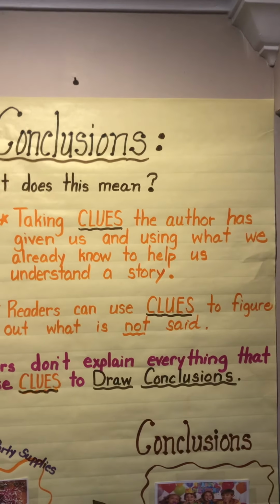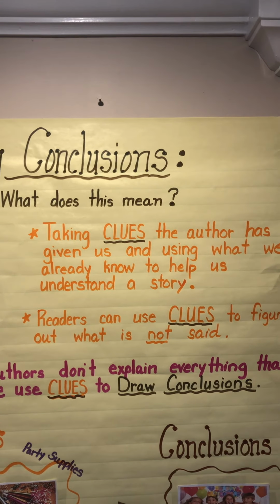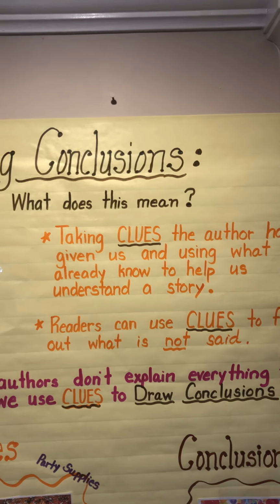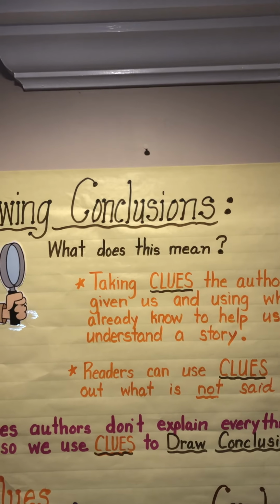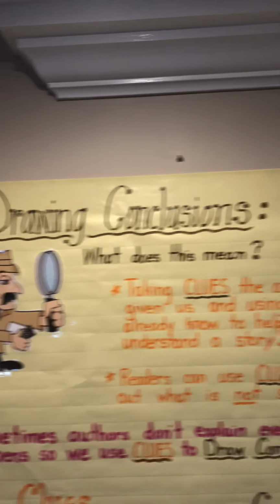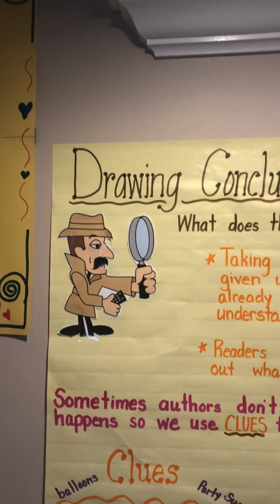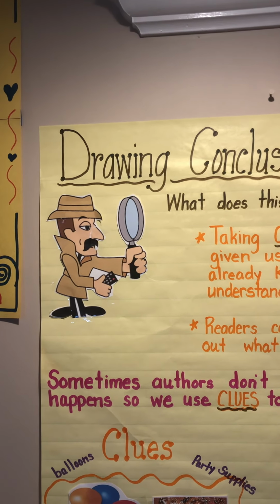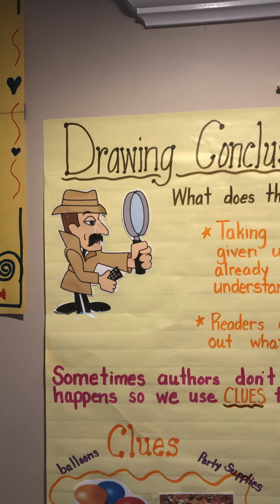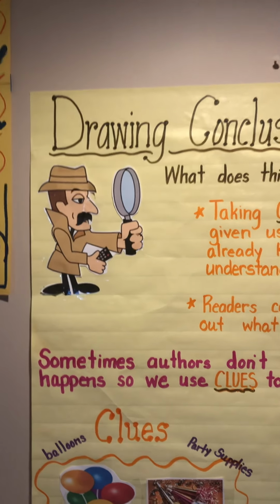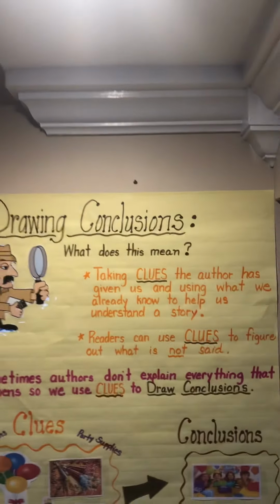So readers can use clues to figure out what is not being said by the author. Crazy, right? Because authors don't always tell you how characters might be feeling or what they're going through, but they use their words in a way and they use their illustrations in a way to show you. So really, that's what drawing conclusions means.